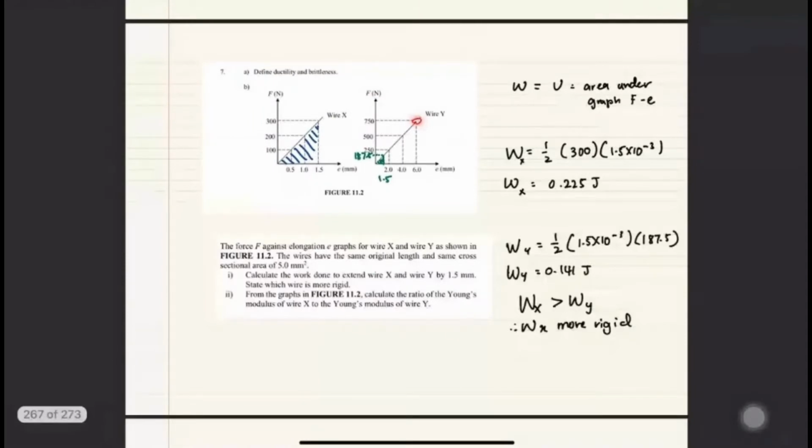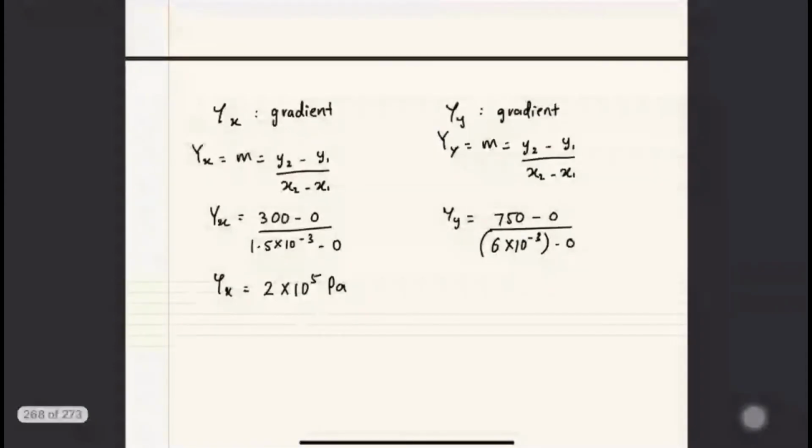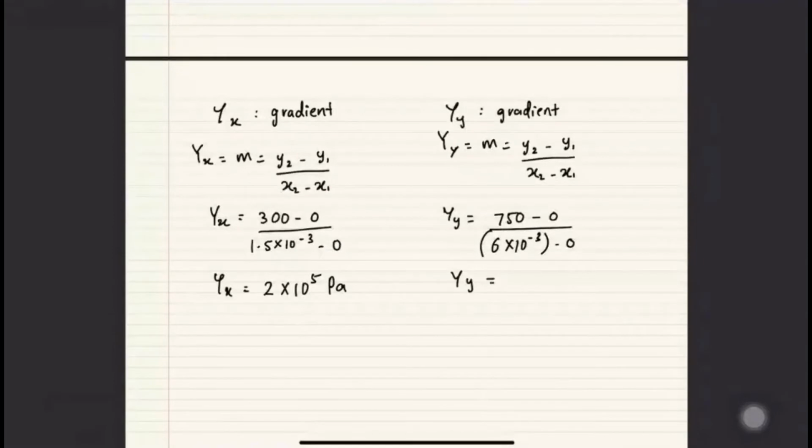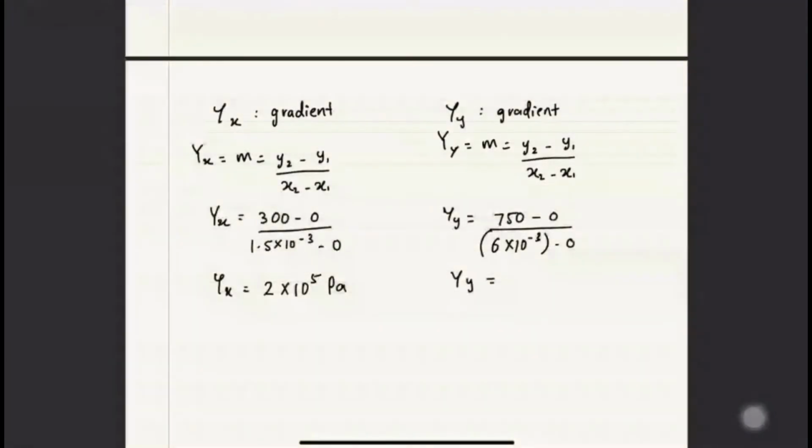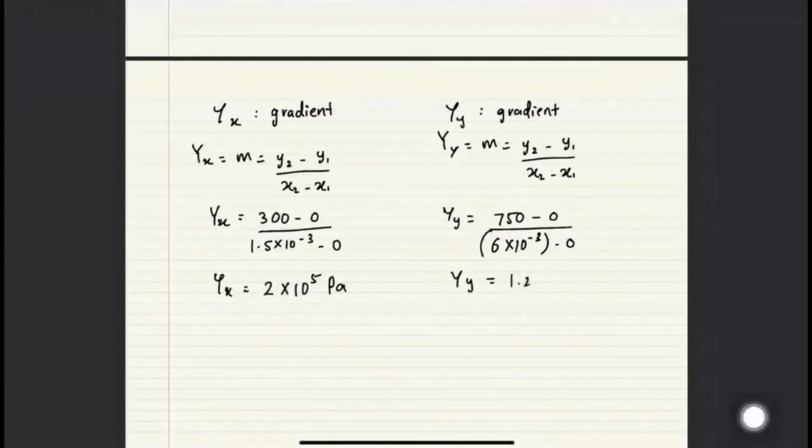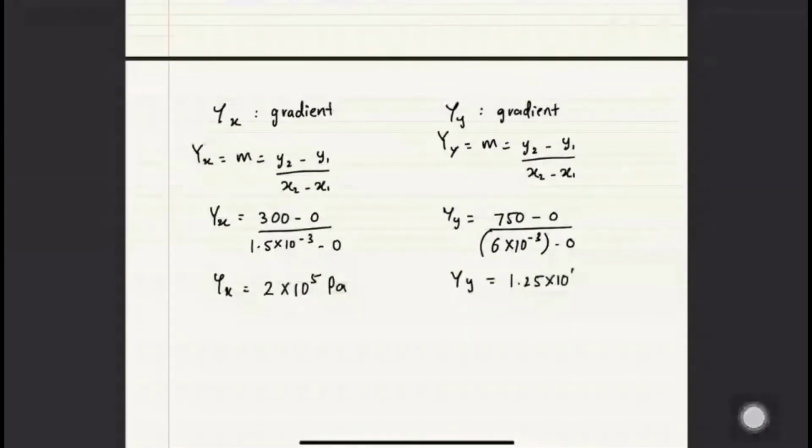Any point that you want to choose. Saya rasa gambar saya ni lagging sikit sebab internet saya pun slow juga. Kacau juga. Y is equals to 750 divided by 6 times 10 negative 3. So I got here is 1.25 times 10 to the power of 5. And the unit would still be Pascal.